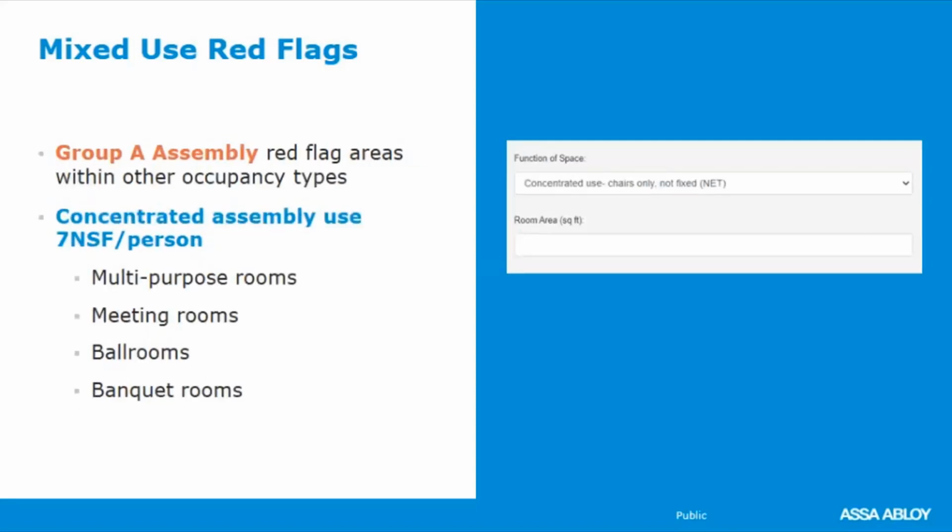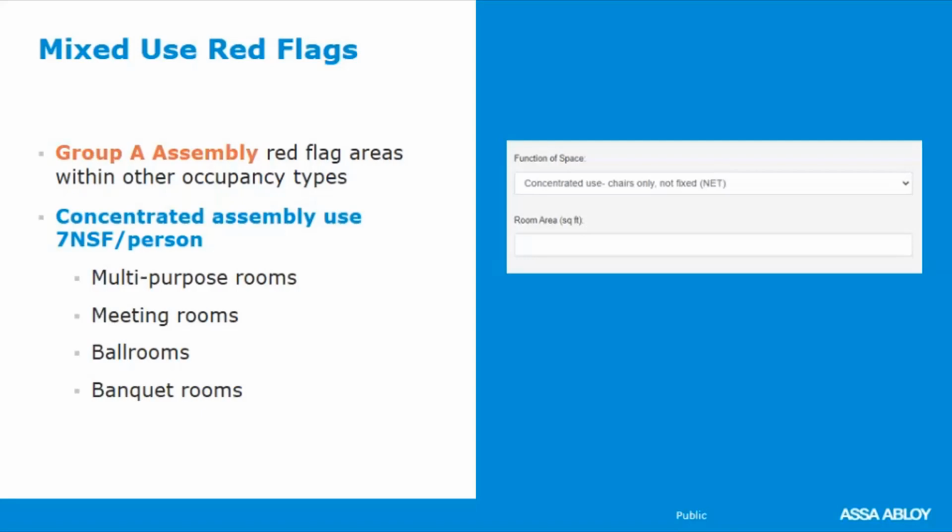Others that are considered concentrated assembly based on their use, and that's calculated at 7 net square foot per person, are multi-purpose rooms, meeting rooms, ballrooms, banquet rooms. We see these types of rooms and spaces in hospitals, in hotels, in businesses.